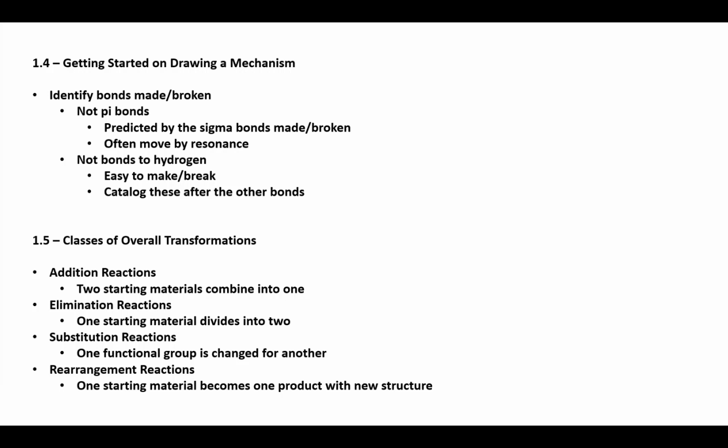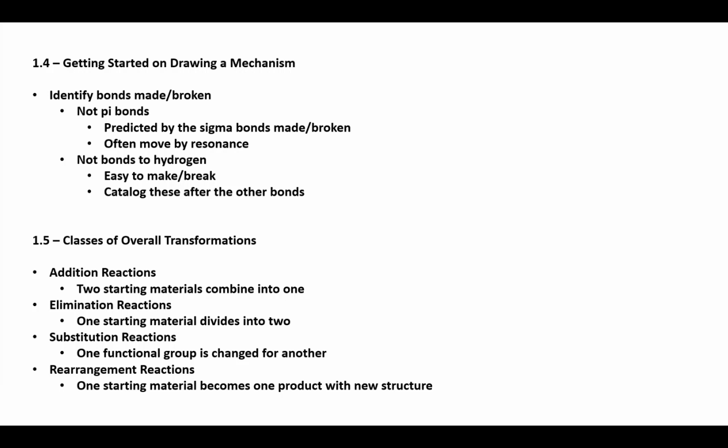And bonds to hydrogen tend to be very easy to make and break. We can do acid-base reactions to make those happen. It's almost always easier to catalog those hydrogens that have been added or subtracted from our molecule after we get the heavier atom bonds that are made in there.